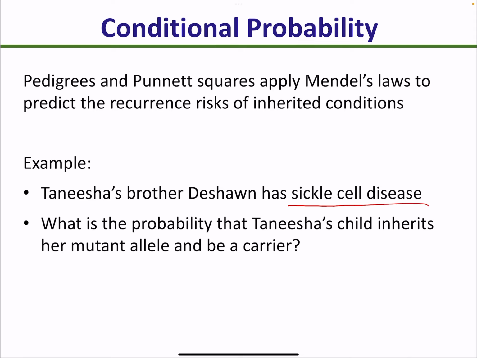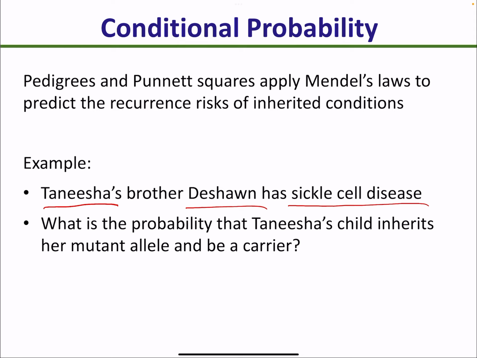So we are going to track here the case of two siblings. One is called Tanisha, the other one is called Deshaun. So what is the probability that Tanisha's child is going to inherit a mutated gene so that that child is a carrier? What is that probability?